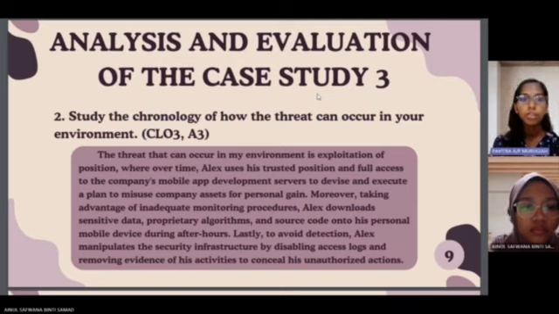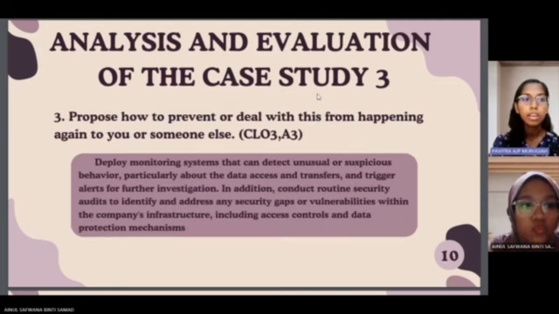Lastly, the third question, propose how to prevent or deal with this from happening again to you or someone else. To prevent or deal with this, we should deploy monitoring systems that can detect unusual or suspicious behavior, particularly regarding data access and transfers, which will trigger alerts for further investigation.